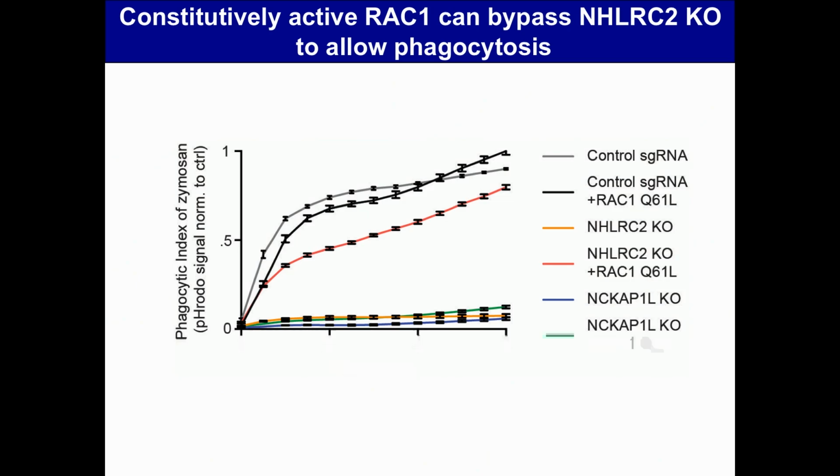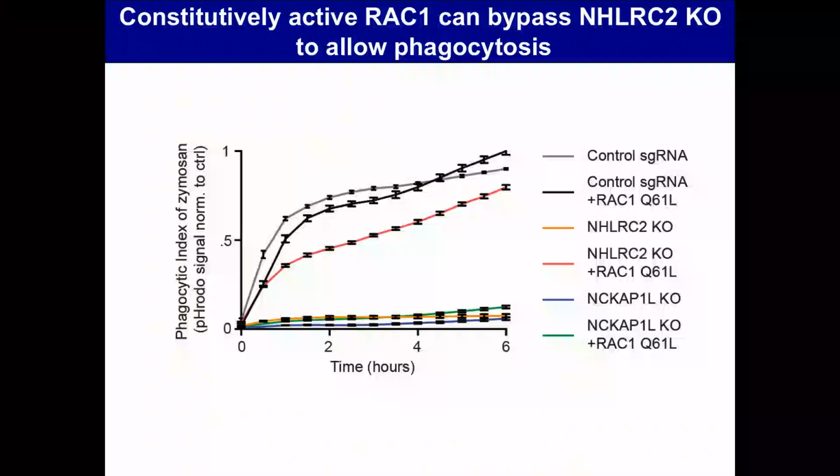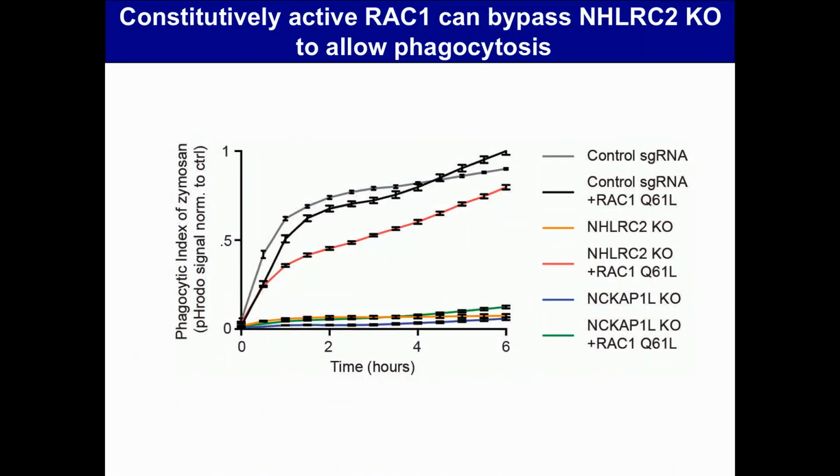But what was even more convincing is this experiment. So what I'm showing you here is the time course of uptake of pHrodo-labeled particles. So these fluoresce once they reach the low pH of the lysosome. And what you can see here is when you knock out NHLRC2, as I mentioned, you completely block uptake. But if you overexpress in this background a constitutively active RAC1 protein that activates the actin machinery downstream, you can basically completely bypass the requirement for NHLRC2 and restore phagocytosis.